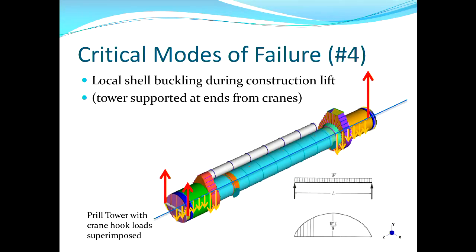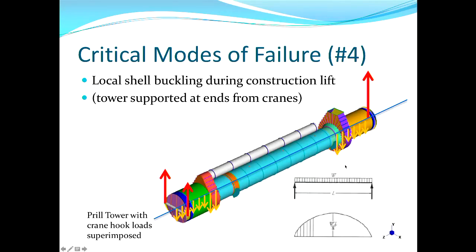Now, who can tell me, and this is a hands up moment, who can tell me where the worst case location on the shell of this prill tower is in terms of compressive stresses in the shell due to bending?